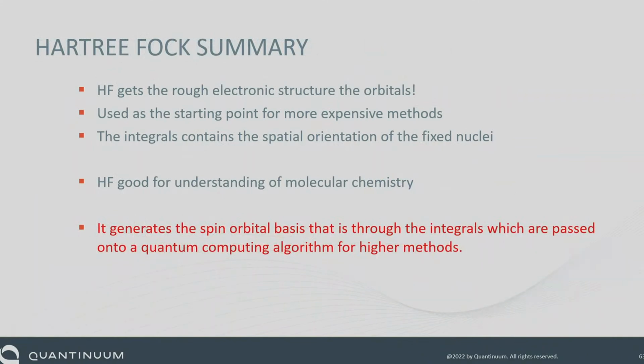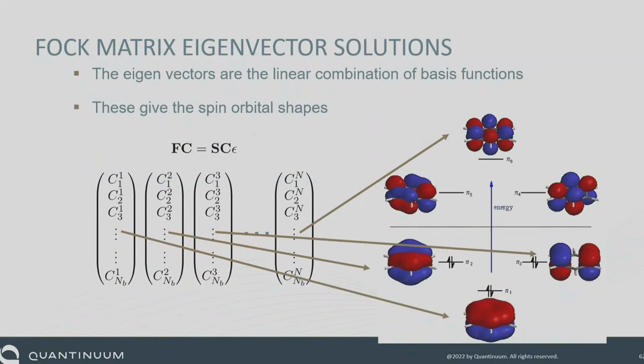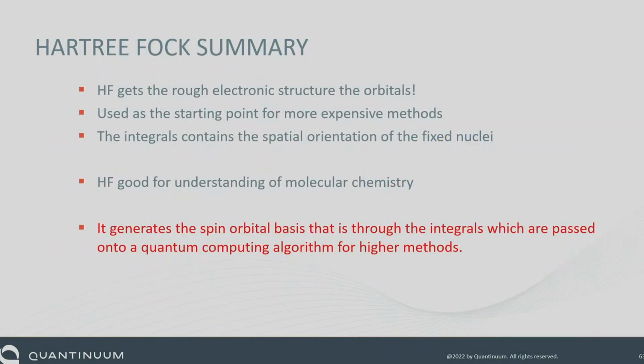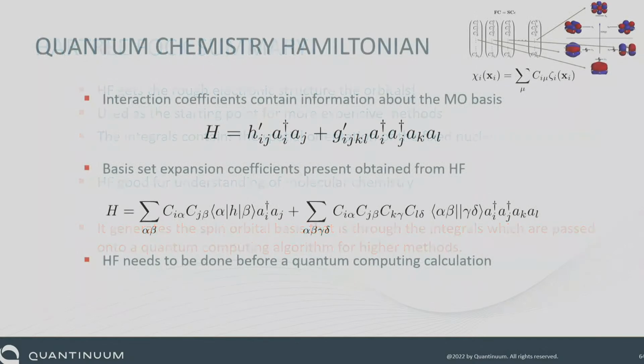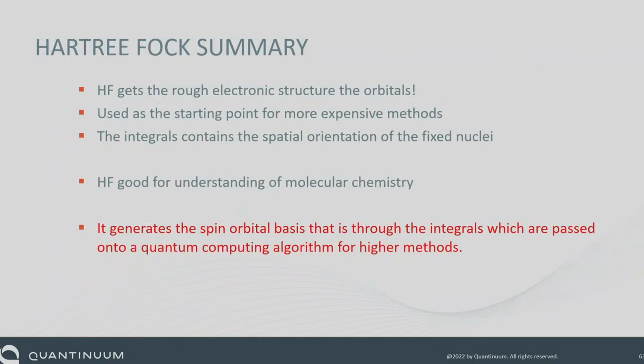So, to summarize, Hartree-Fock is essentially an anti-symmetrized mean field approach. And it gets the rough electronic structure correct. Hartree-Fock really does explain a lot of the chemistry quite well.